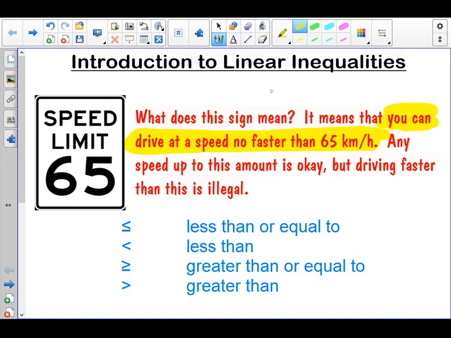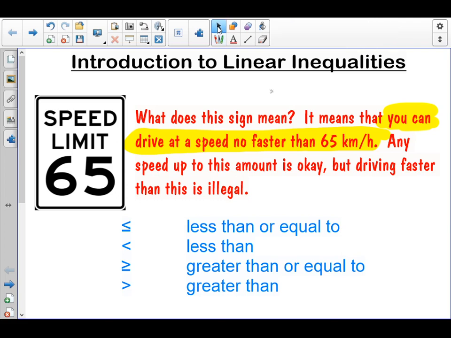It means that you can drive 65 kilometers an hour. You can drive 64 kilometers an hour. You can drive any speed as long as it's not faster than 65 kilometers an hour. And driving any faster than that in that particular area would be illegal.